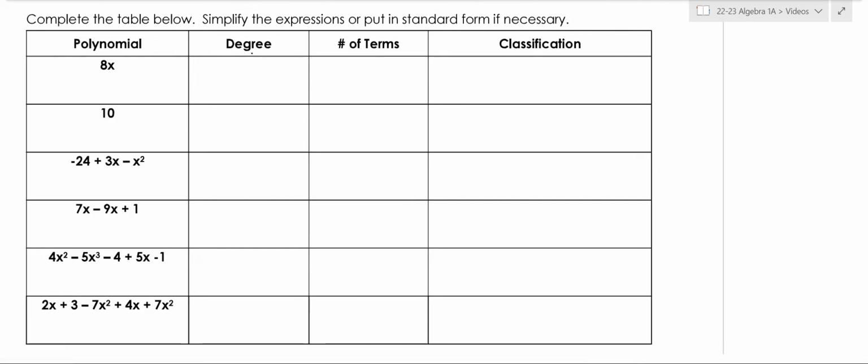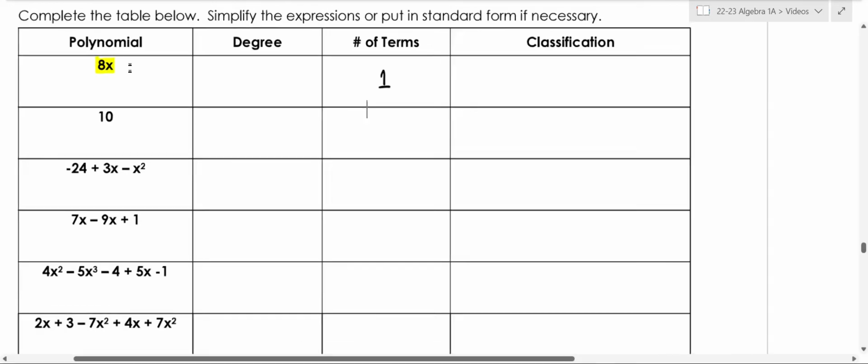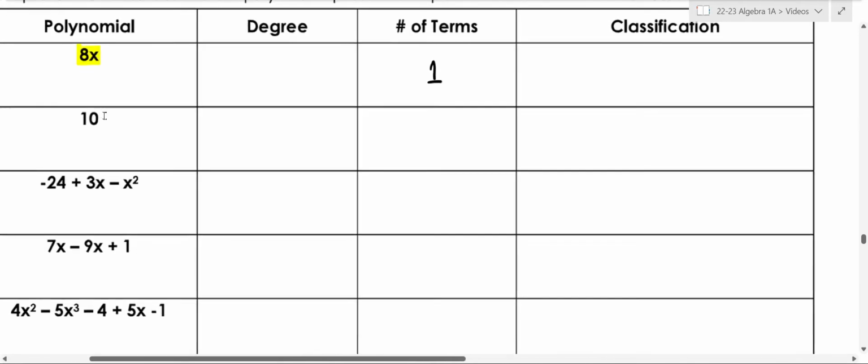All right, degree. Degree is going to be the term, number of terms. All right, so I only see 1 term. So we have 1 term. Now, what is the degree of this term? Once again, you have to look at, let me see if I can zoom in just a little bit more.